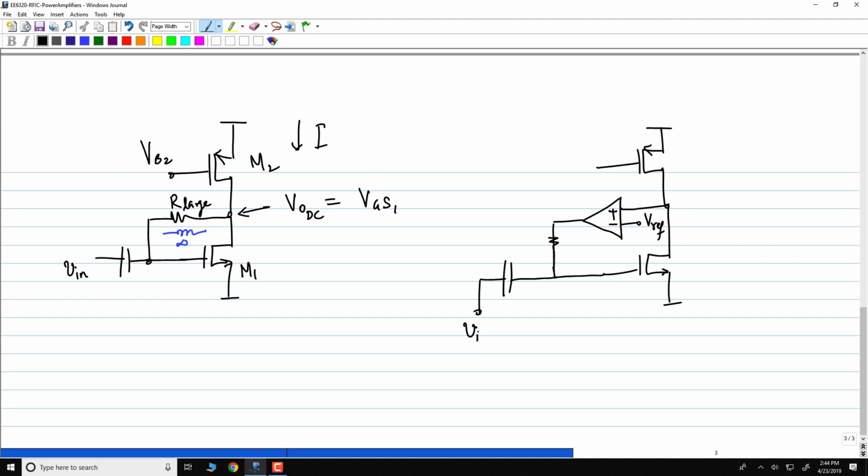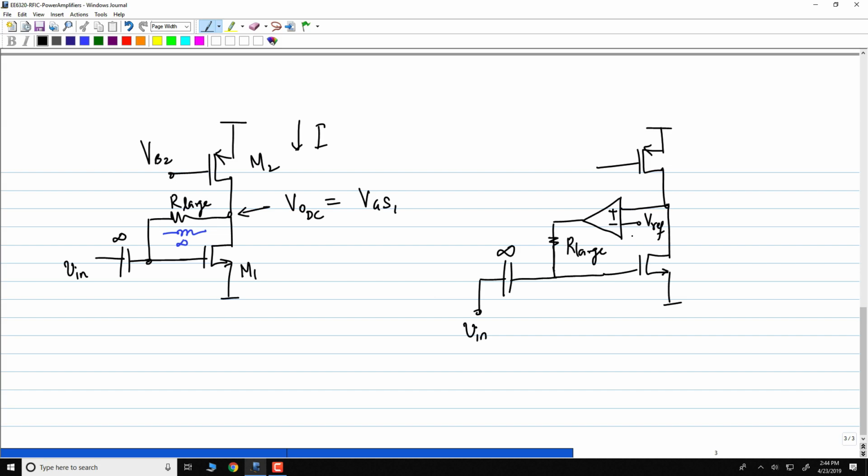I can do this, because it's not drawing any current, because I'm biasing the gate.